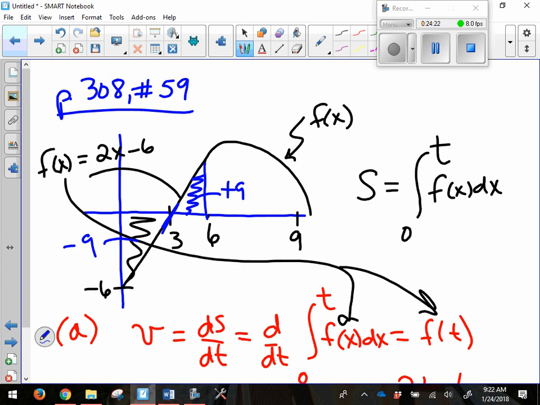I believe it is. Up until x equals 6, it's a straight line. So, again, you want the graph to have physical meaning. It's kind of sort of the velocity, but not entirely.